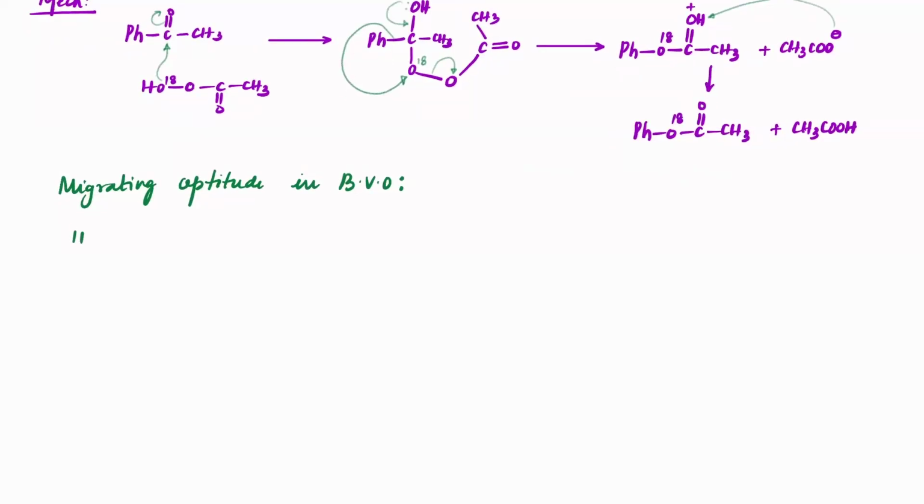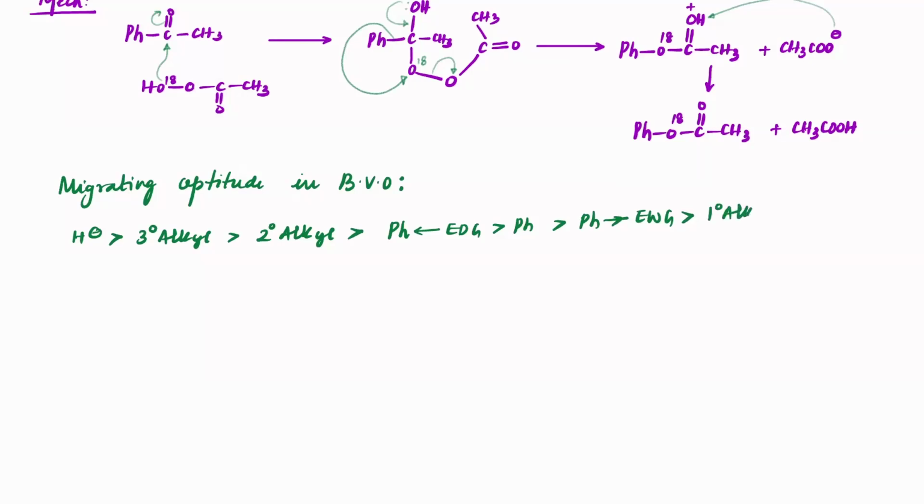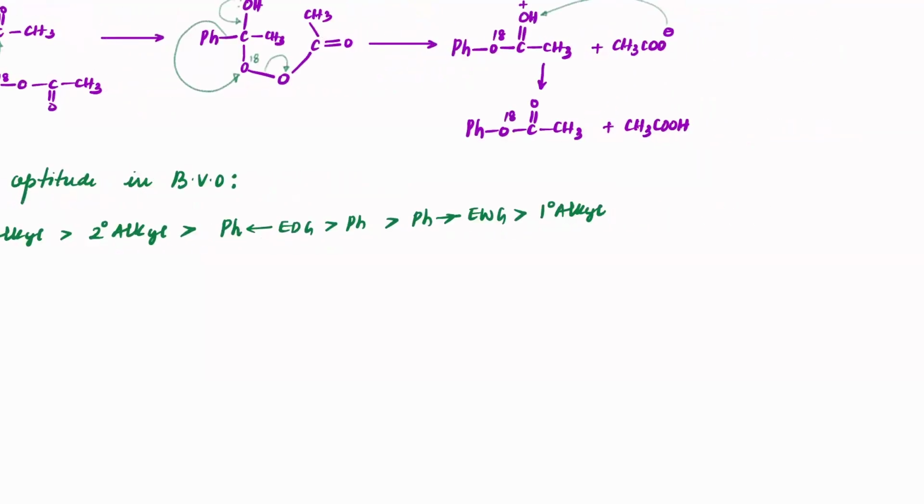the first would be H, then it is 3 degree alkyl group, then it is 2 degree alkyl. Very interesting here. So 2 degree alkyl, then comes phenyl. Within phenyl we have electron donating groups, then only phenyl, then phenyl with electron withdrawing groups, and then comes 1 degree alkyl.